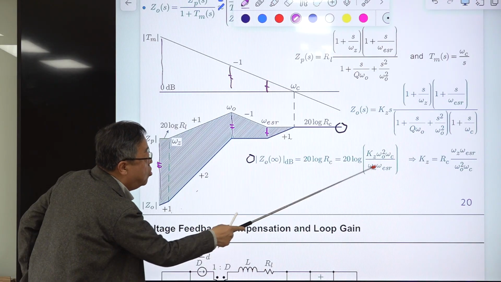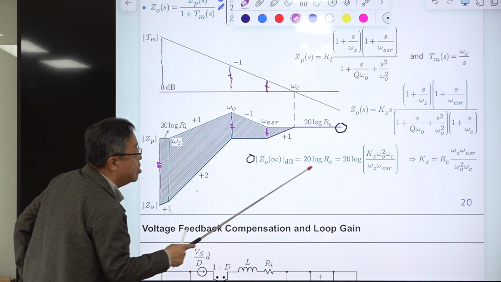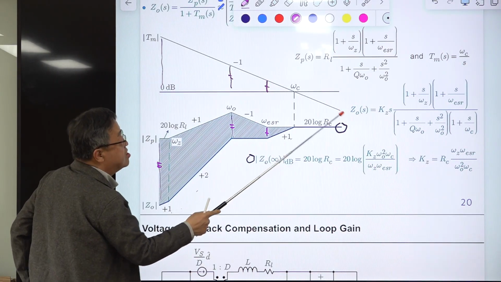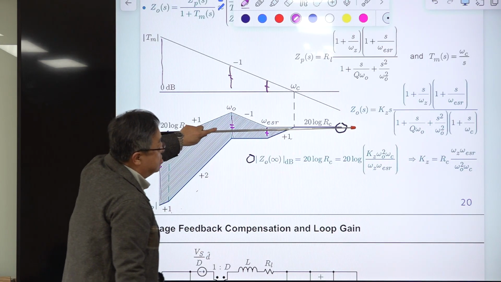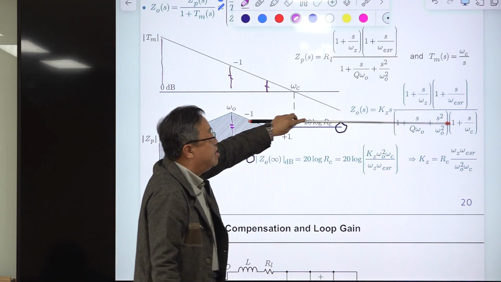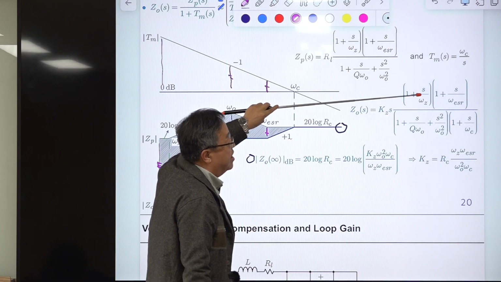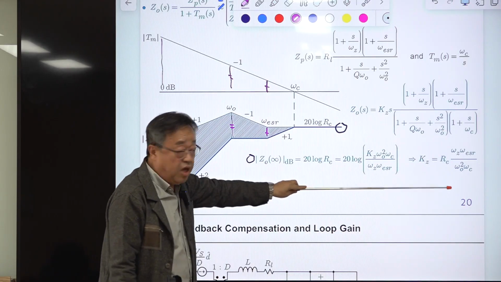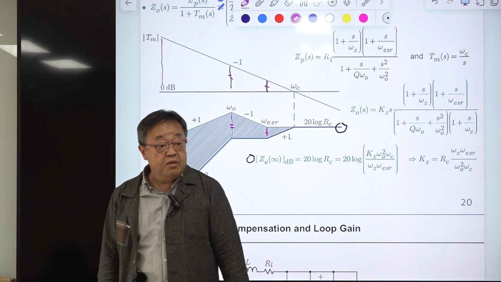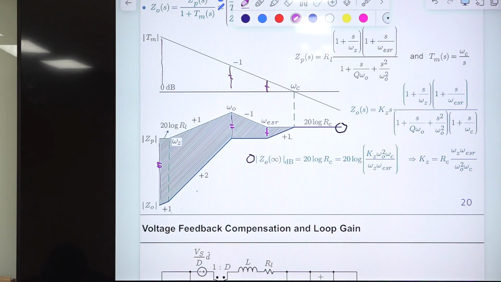This value, 20 log this one, is the same as 20 log RC, which is the high frequency asymptote in the asymptotic plot, and is the same as this analytical expression with S approaching infinity. You have this, you calculate this. Okay? So from this information, you come up with this equation, and from this equation, you obtain this.